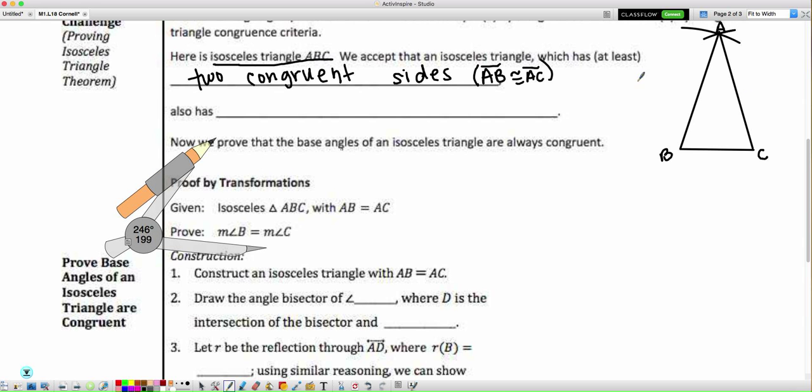Also, I know that isosceles triangles have two congruent sides, but I should also know that they have two congruent angles. And so in this case, those two congruent angles are angle B down at the bottom, because that's across from one of my congruent sides, and then angle C down at the bottom, because it's also across. So I'm going to say angle B is congruent to angle C.